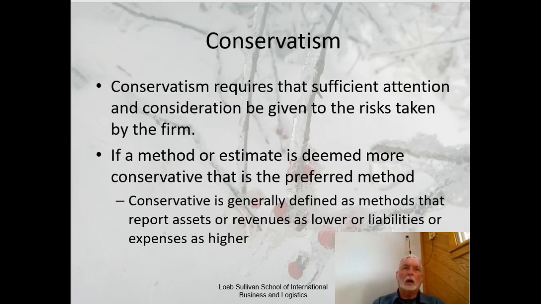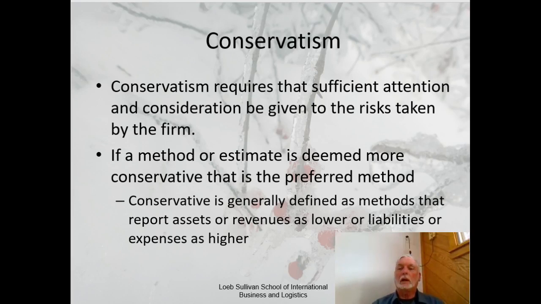Accountants, the basic tenet of accountancy is conservatism. So if we don't know what we should do, the fallback point is to be conservative. And conservatism is essentially saying we're going to understate assets if we can't come up with a good value. We're going to overstate liabilities if we can't come up with a good value.